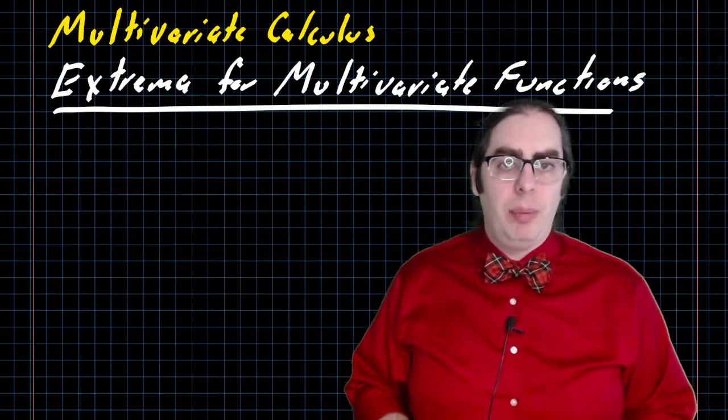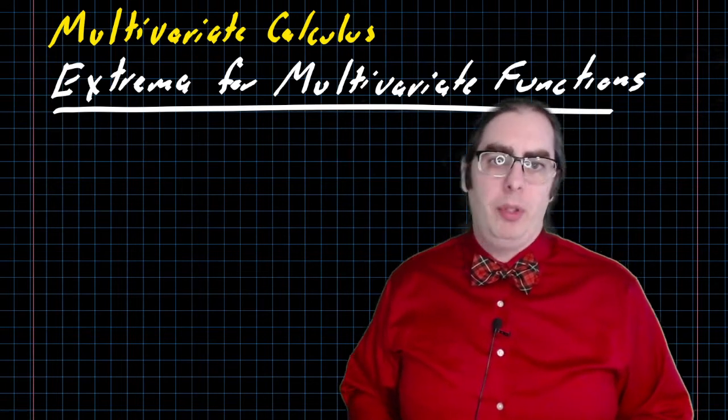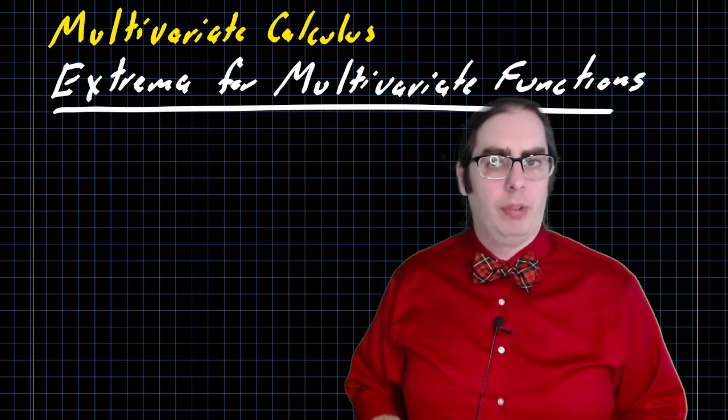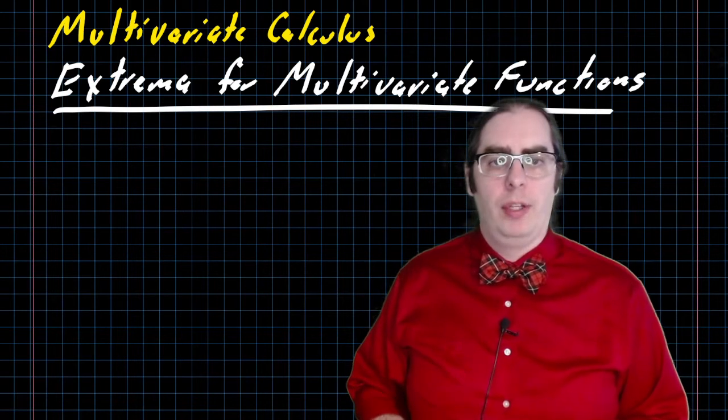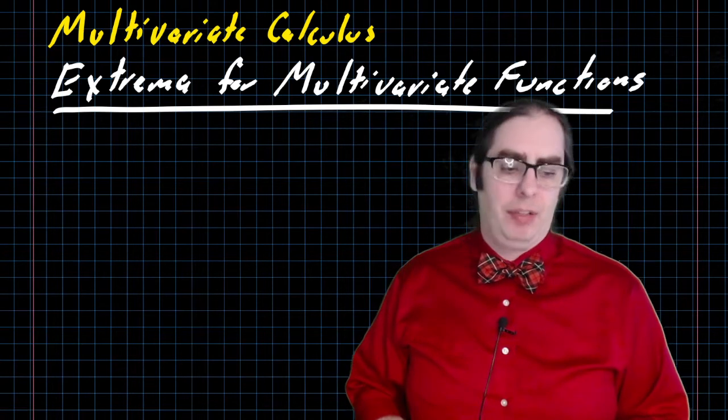When we established the ideas of extrema for functions of a single variable, we were able to make some pretty quick observations based on the concavity of a function and the tangent line for the function.